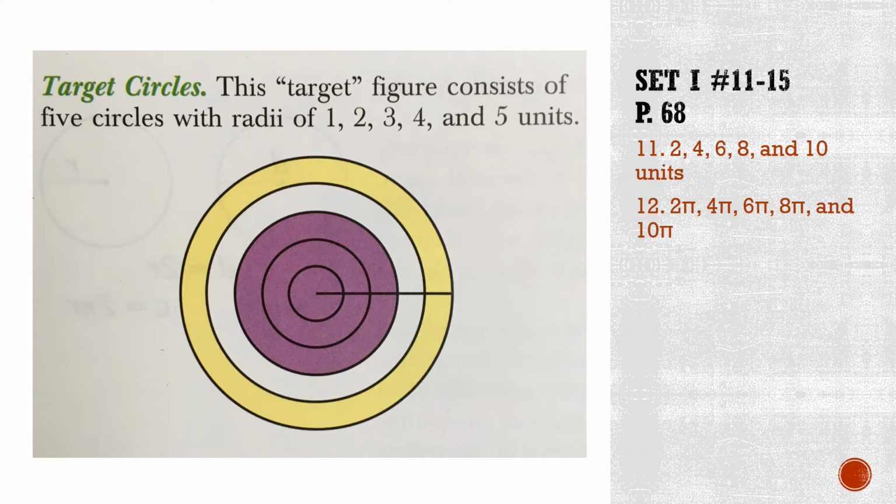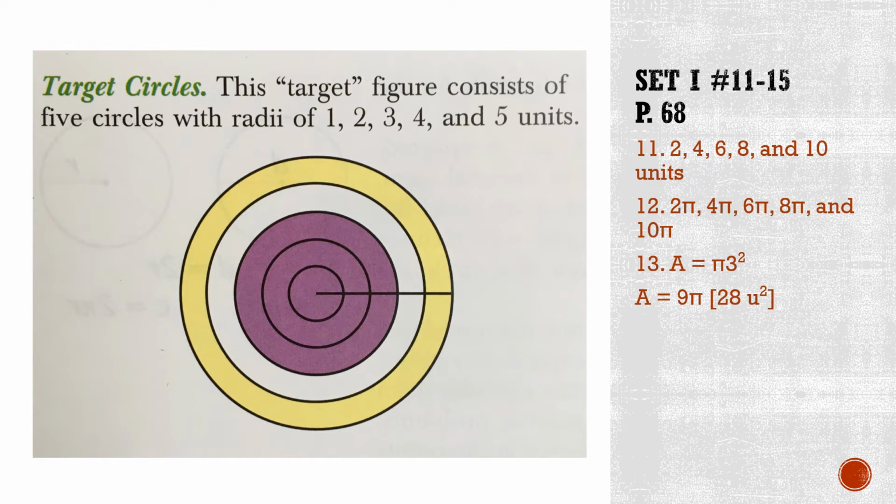So area is going to be pi times radius squared. So when we put that all together, we have something that looks like this. Area equals 9 pi, which if you wanted to simplify that, you could say that it's about 28 units, but we could also leave it at 9 pi for now.